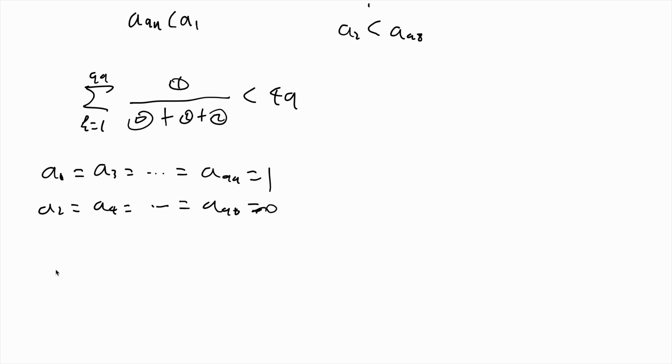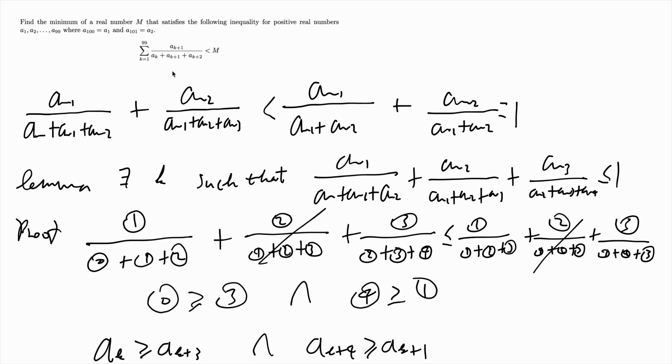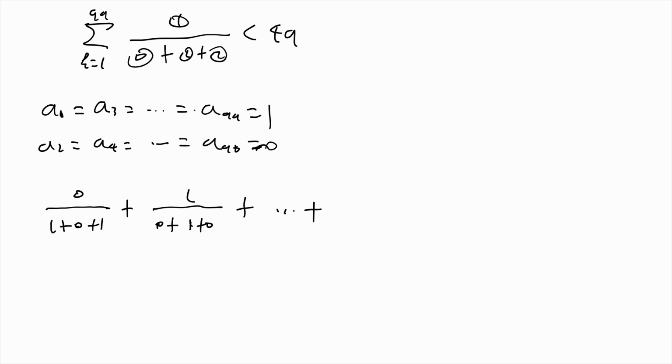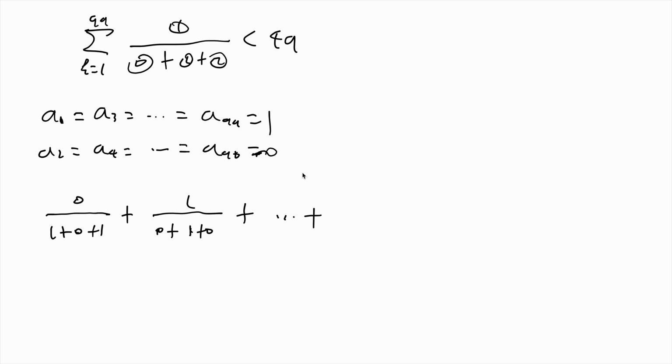So if we do this, we get 0, 1 plus 0 plus 1, plus the next one, a sub k plus 1, right? So 2. 0 plus 1 plus 0. 1 plus all the way until, what happens when we substitute 97? 1 plus 0 plus 1 over 0.